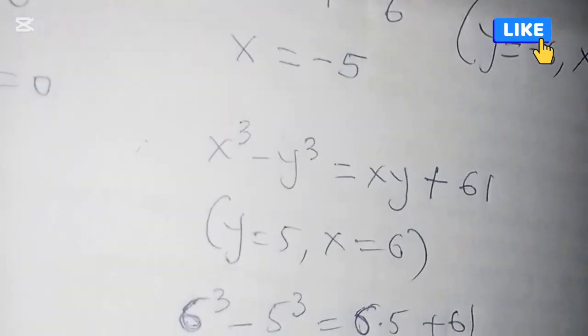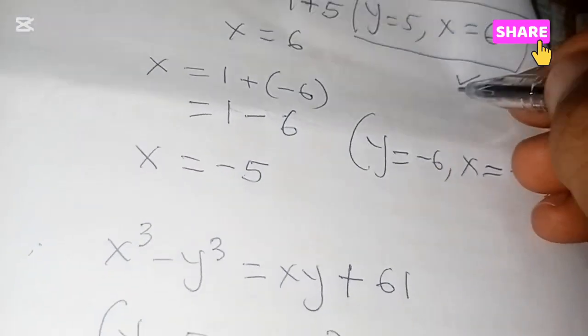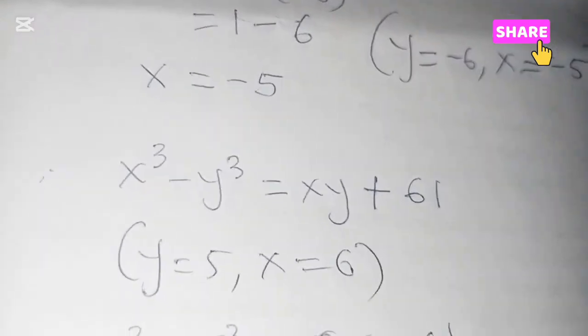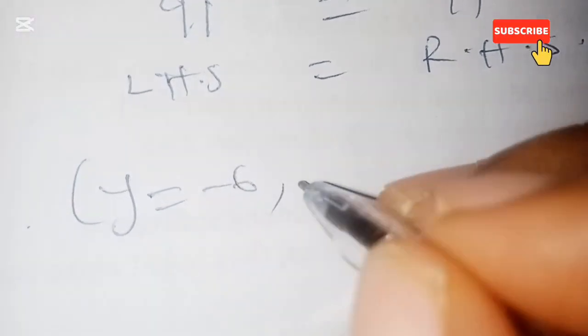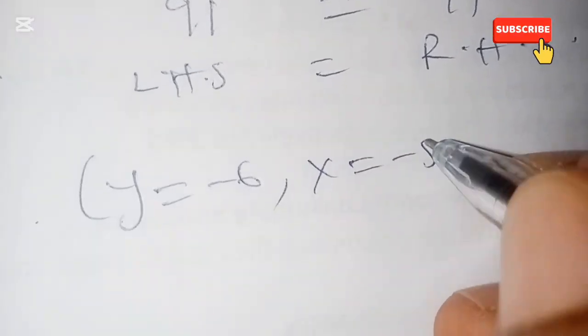This satisfies the equation. So let's look at this one. When both are negative, y is equal to minus 6 and x is equal to minus 5.